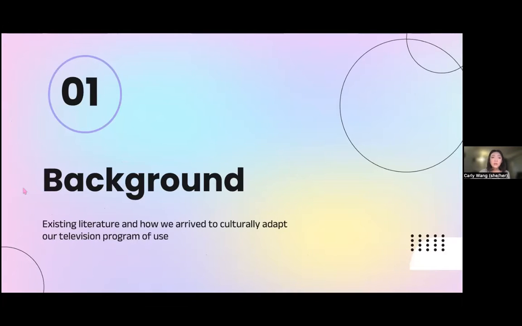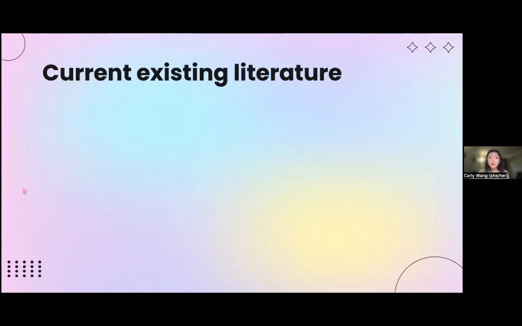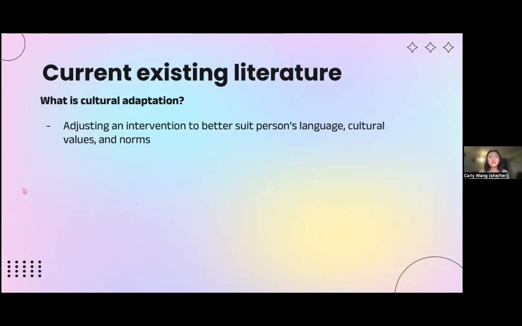So the background about the existing literature and how we arrived to culturally adapt our television program of use. So in current existing literature from the paper, as you can see, it defines cultural adaptation as adjusting an intervention to better suit a person's language, cultural values, and norms.